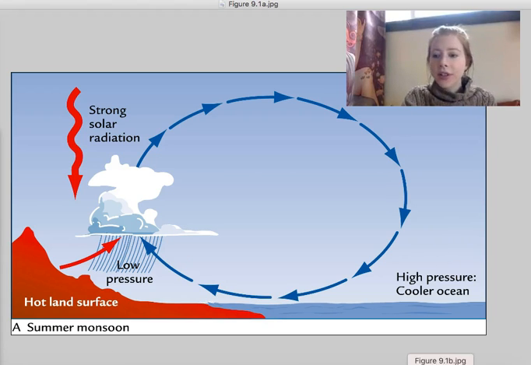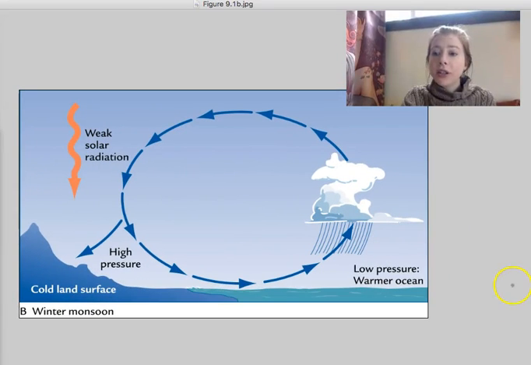Now, the reverse happens in the winter. In the winter, we have weaker solar radiation, and as we said before, water has a high heat capacity, so it's not as easy to change its temperature. It's not as easy to warm it up, and it's not as easy to cool it down. And so what's happening here is that the water now is at a warmer temperature than the land.